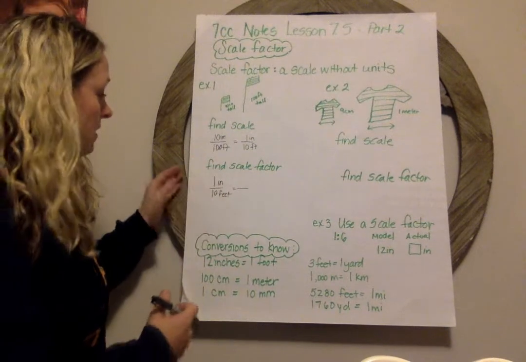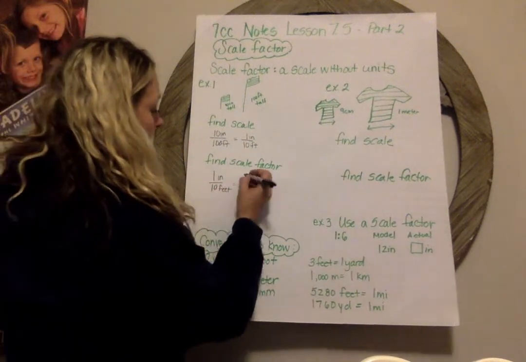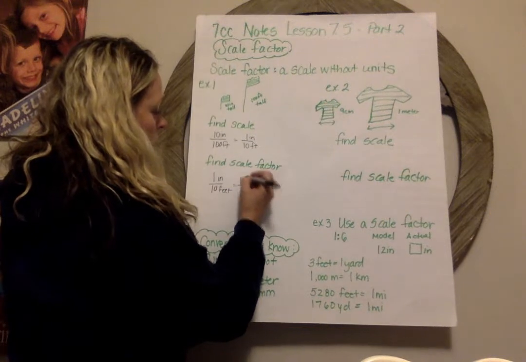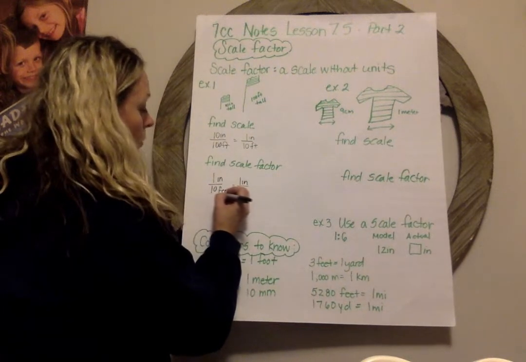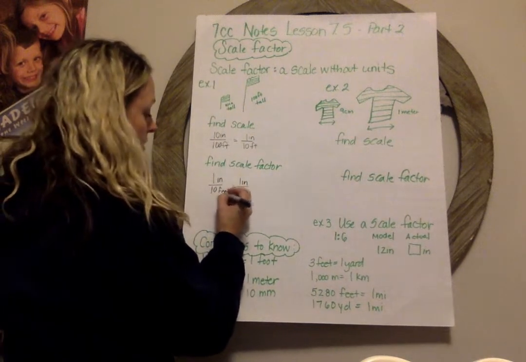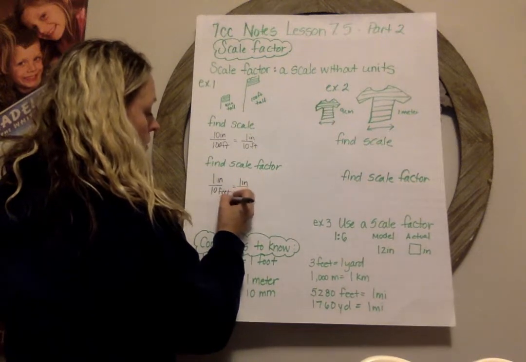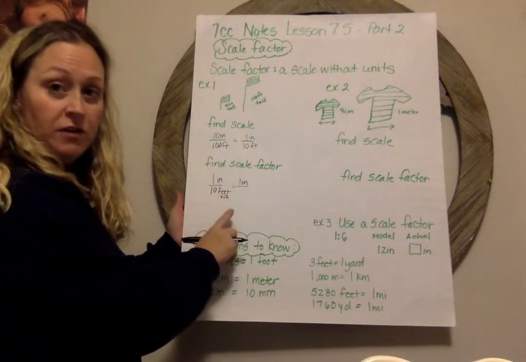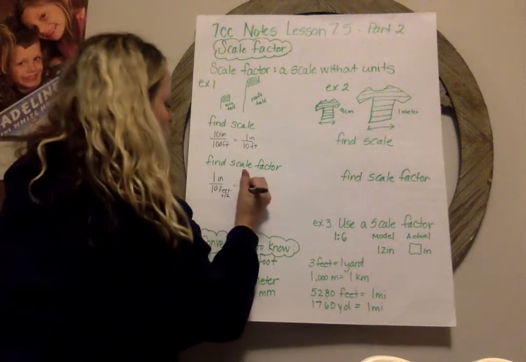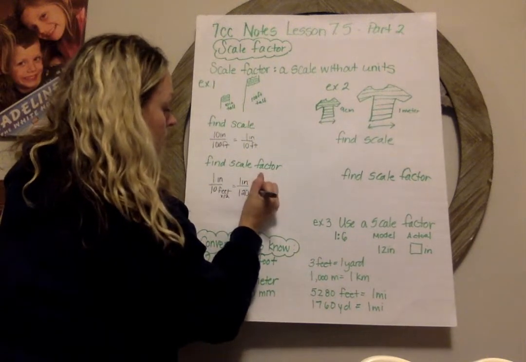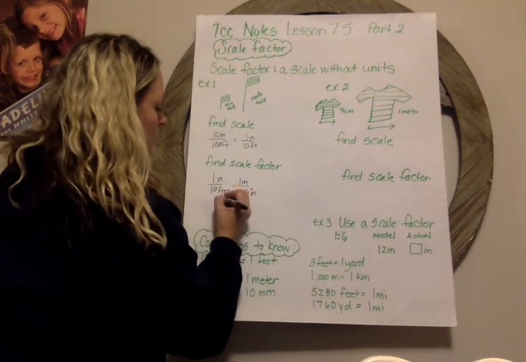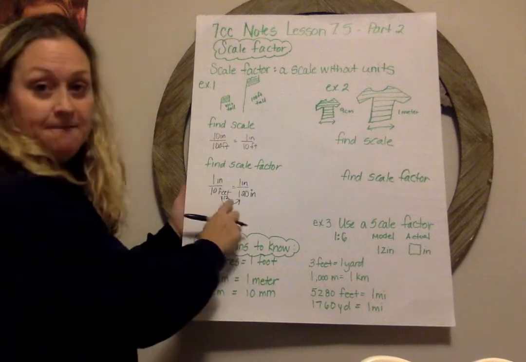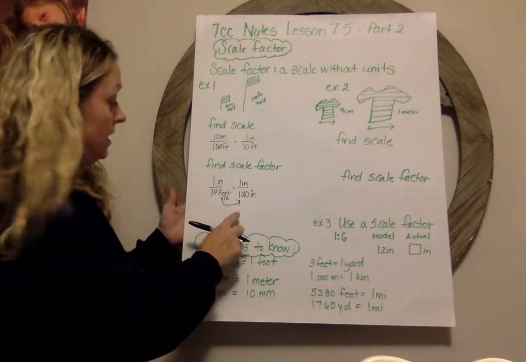So if I'm looking at this, I know that 10 feet can be moved into inches. I know that every foot is 12 inches, so 10 times 12 is 120. I've just converted 10 feet into 120 inches.